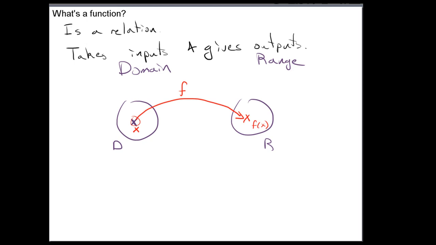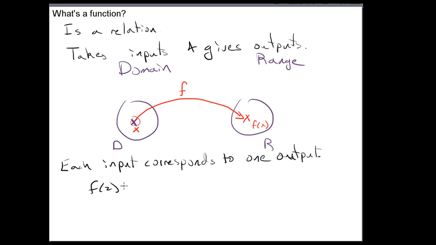Now what makes it a function is one specific input gives one specific output. Each input corresponds to only one output.